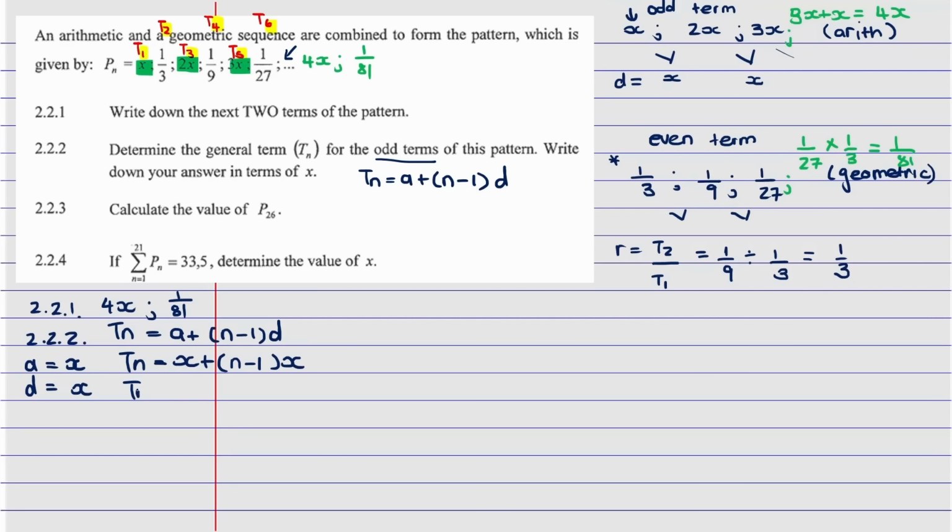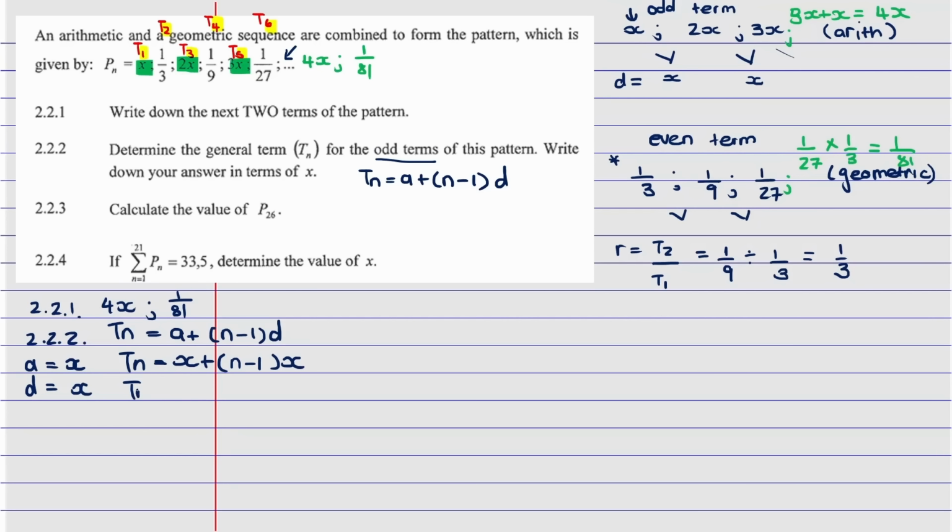When we divide 26 by 2, we get 13. So in our geometric sequence we're not going to substitute 26, we're going to substitute 13, because n is divided, made out of two sequences. I hope that makes sense.